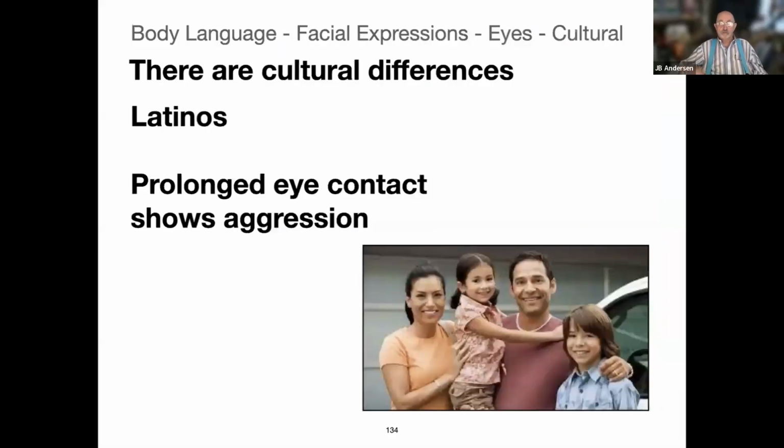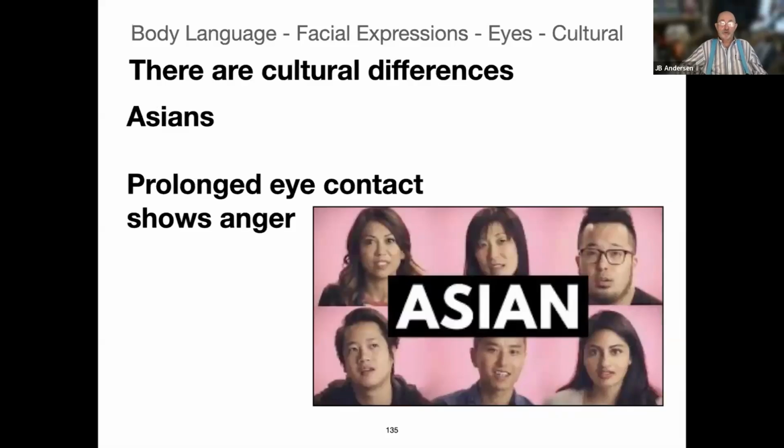So there's cultural differences. Let's take a look at a couple here. Latinos or Hispanics: prolonged eye contact, you're being aggressive. You're staring at someone. Asians: prolonged eye contact means you're angry about something.